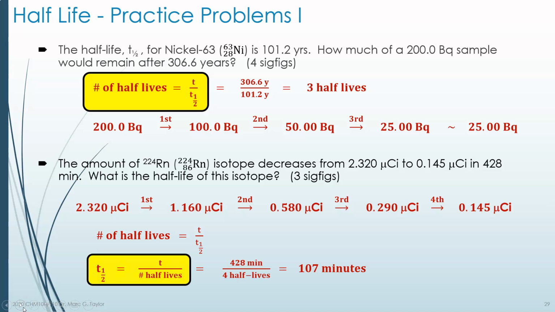So one half-life is my total time divided by how many half-lives I have. And don't look at the formula. Think of it just logically. If I know 428 minutes is 4 half-lives, well, then I divide it by 4 to get 1 half-life, which is 107 minutes. So the answer to this is that it has a half-life of 107 minutes.